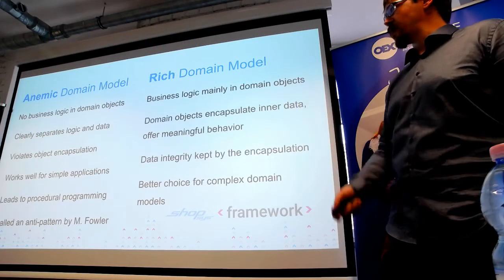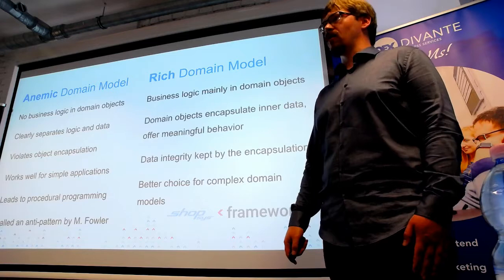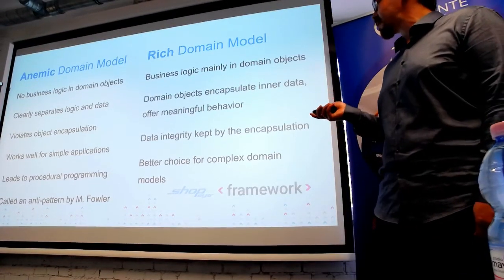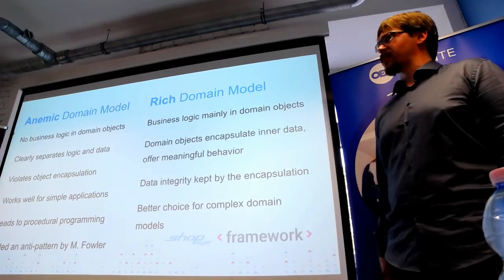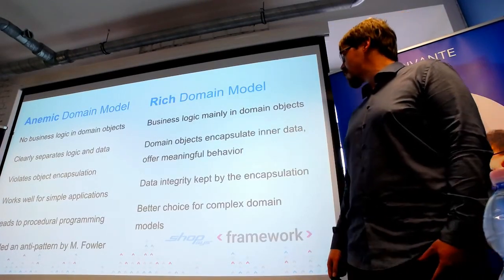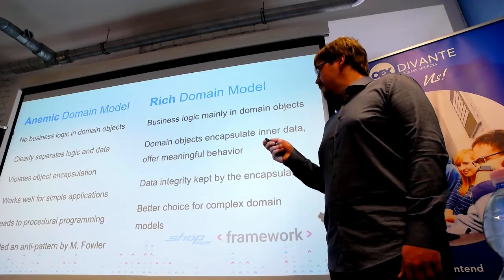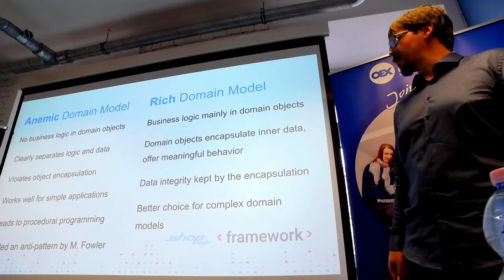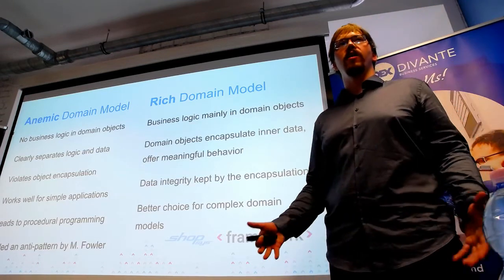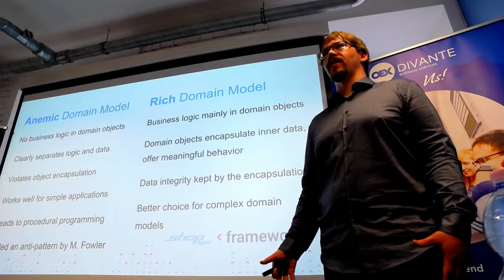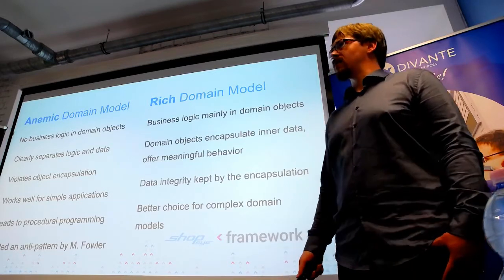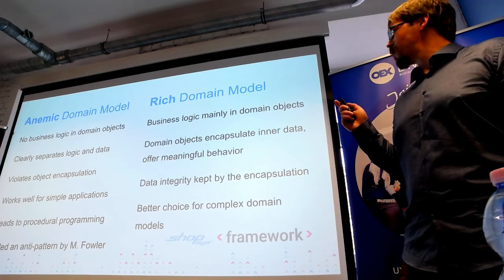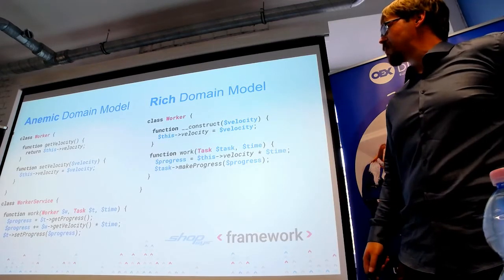This is very important for object-oriented code and leads to very integral data. The data integrity is kept by the encapsulation. And for exactly this reason, it's a better choice for complex domain models. When your application is very big and you need to think about the data integrity, you should go for the rich domain model.